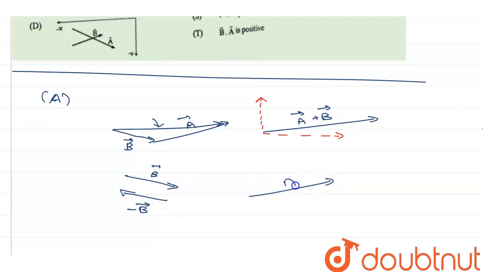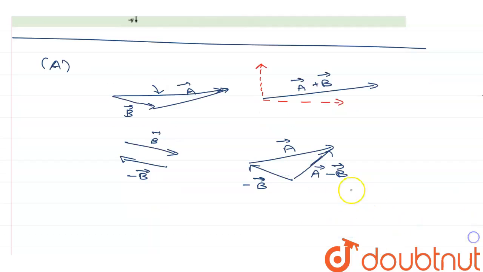So this is your vector A and this is negative B. I'll slide it over. So this becomes negative B. So this vector points in the direction of A minus B. So A minus B ends up looking like this. This is A minus B.